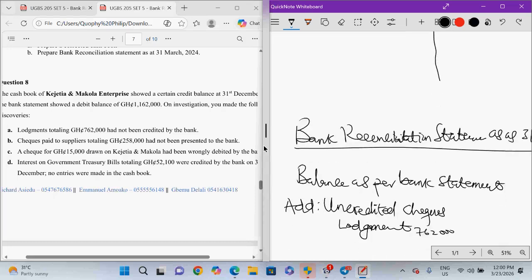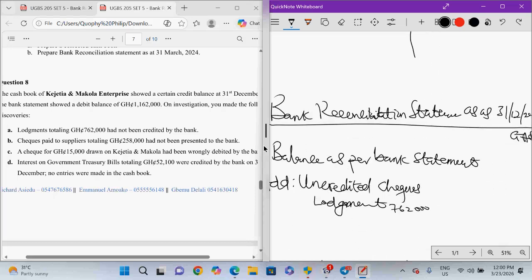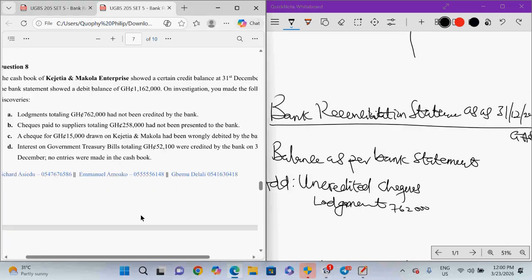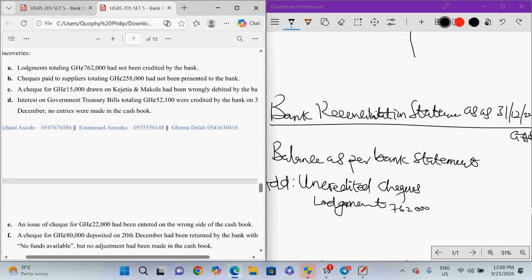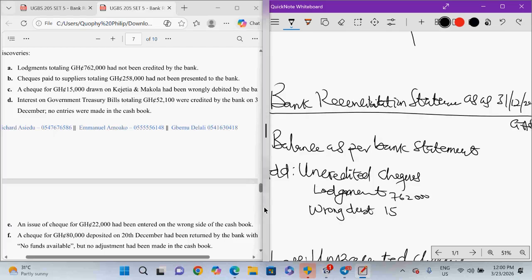Sir, please can you scroll down? And the wrong debit, where would it go? Would it go to the unpresented or uncredited? Wrong debit of 15,000. Okay, let's continue.